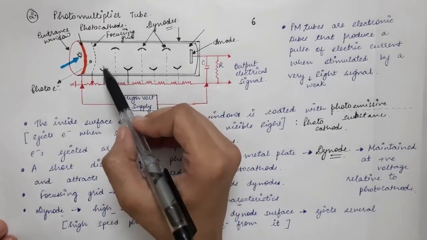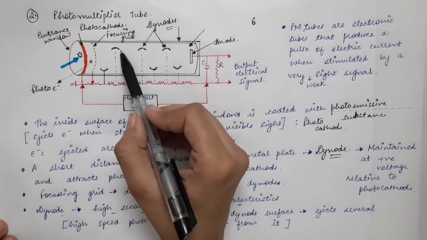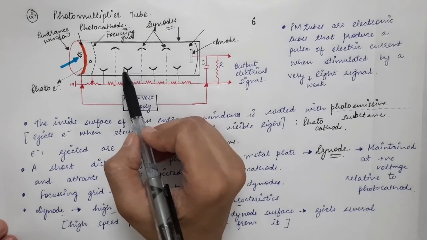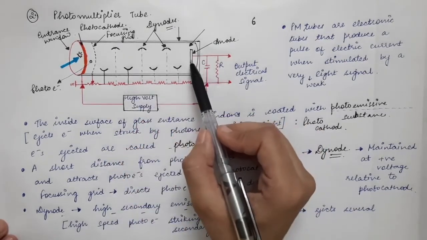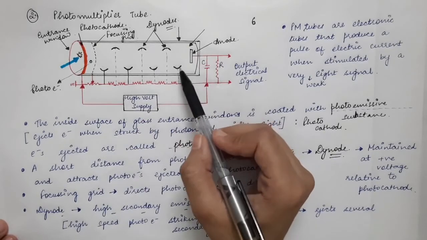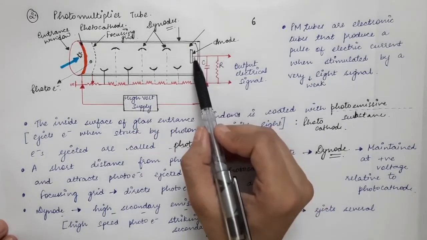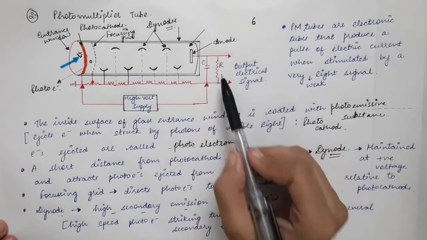Similarly, from the second dynode we will get a large number of electrons, from the third dynode even more, and eventually a large number of electrons reach the anode, and they flow in the circuit, and you get an output electrical signal across the resistance R.